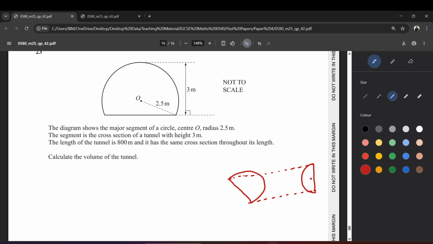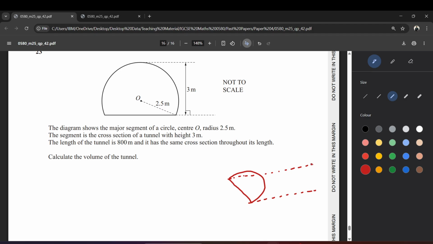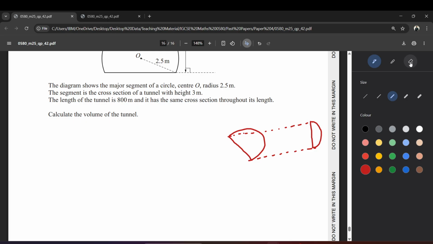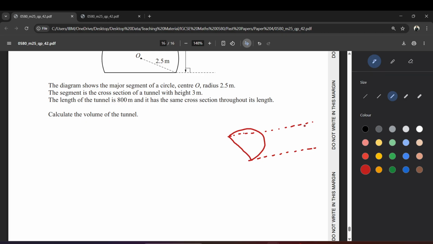Not the best diagram, but you get the point, right? Just one tiny adjustment.